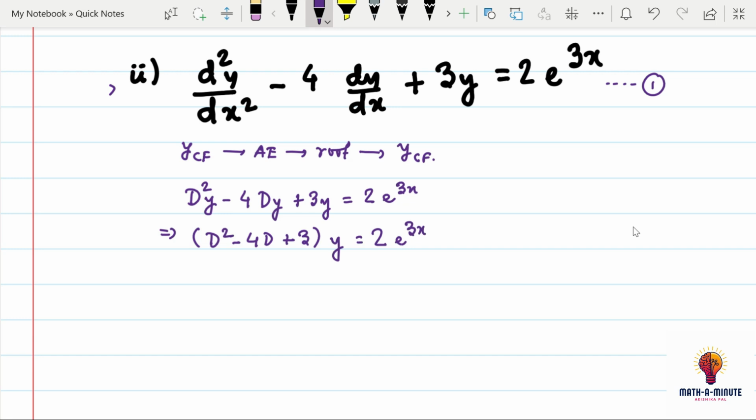Now this function of D is known as the D operator. Therefore the particular integral y_PI will be 1 by f of D, where f of D is D squared minus 4D plus 3, into 2 e to the power 3x.